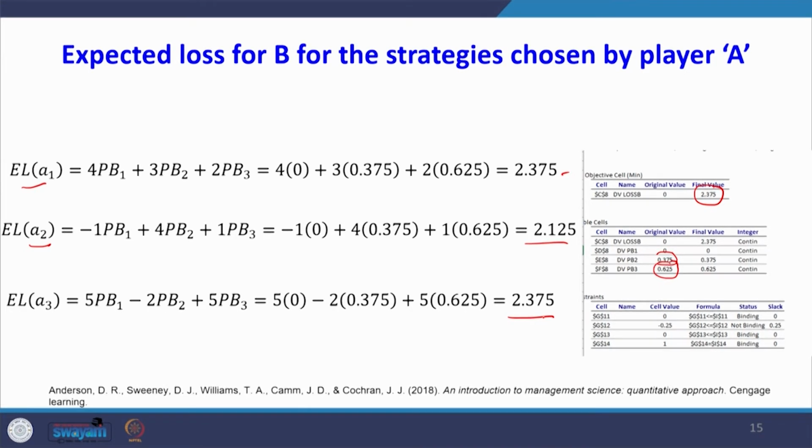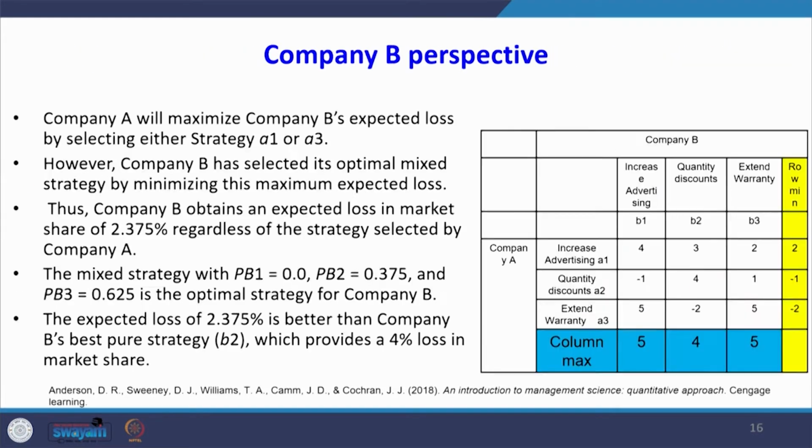We know that player A will play a strategy that will maximize player B's loss. So, out of these three, player A will go for A1 and A3 because these two strategies provide the maximum loss, but we know that player B will try to minimize the maximum loss. Company A will maximize company B's expected loss by selecting either strategy A1 or A3.